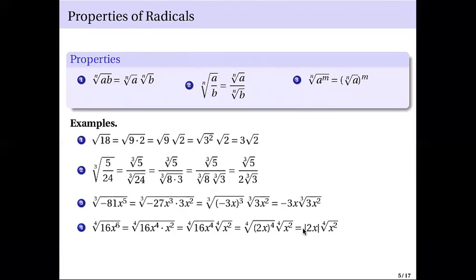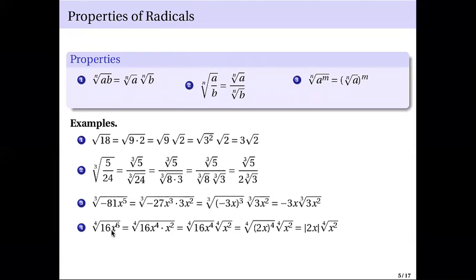Absolute value of 2x, fourth root of x squared. Now, you might ask, why did this absolute value symbol appear? It's because, in the original problem, this x is raised to power 6, and any number raised to an even power will give you a positive number. So x to the 6 will always be positive, and we will not have any problem with that.